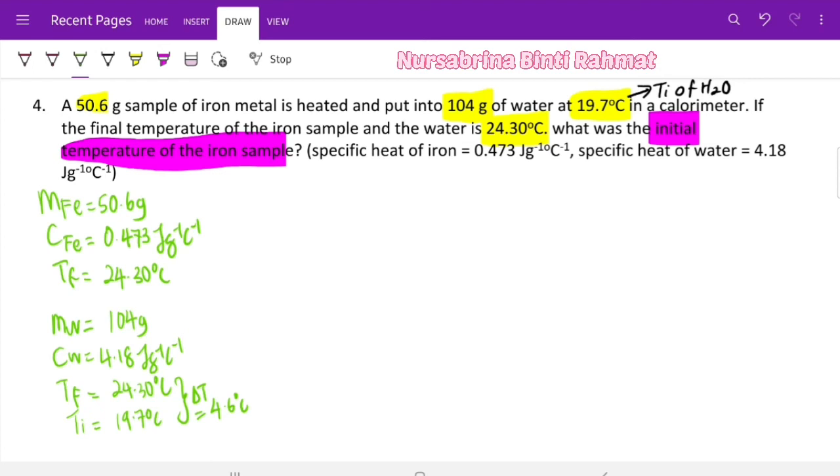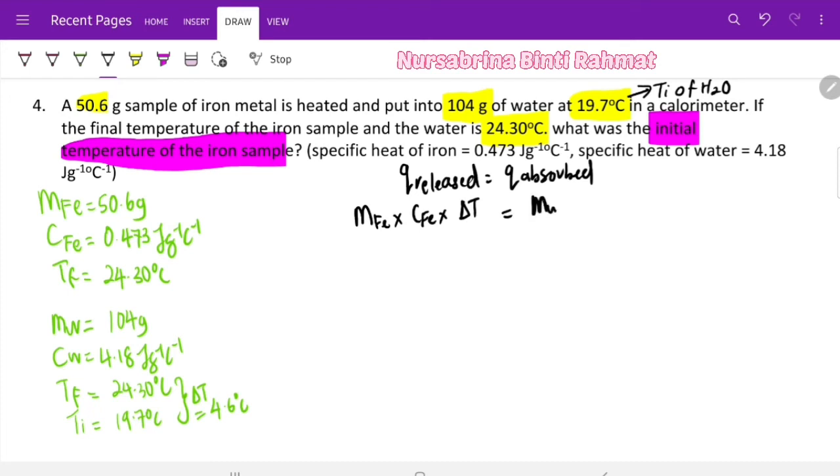That one requires a longer process. Okay, so as usual, Q release equals Q absorb. So M Fe times C Fe times delta T equals M W times C W times delta T W.